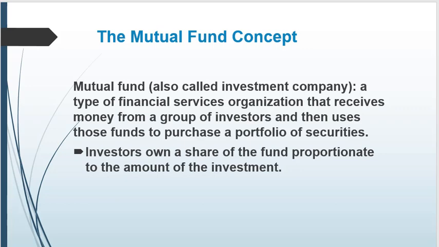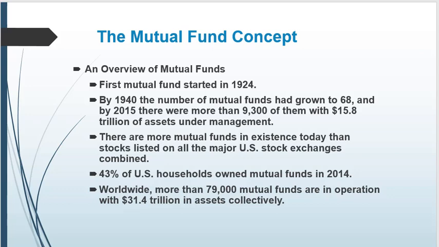So essentially, it's sort of like a corporation. A corporation gets money from investors so that it can buy plant and equipment to run the business. A mutual fund is a corporation that gets money from its investors, and it takes that money and purchases a portfolio of securities with a certain strategy in mind.